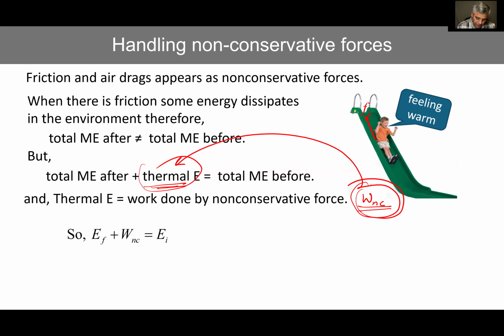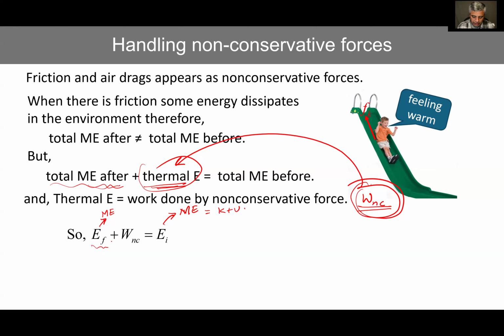Okay. So here this E is not total energy. This is mechanical energy, by the way. I just use that uppercase E notation that we've been using for kinetic plus potential, right? So mechanical energy means kinetic plus potential. So after means final, right?